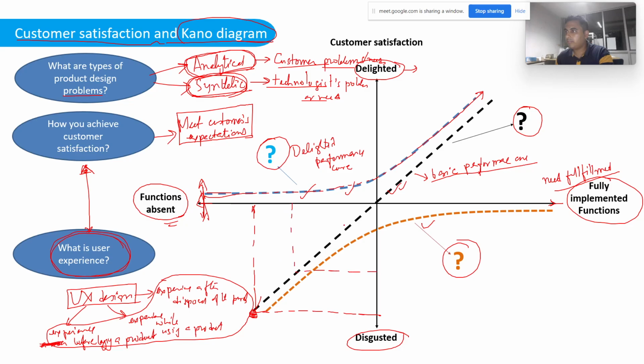As you increase the product features and functions, the customer satisfaction increases. And when there are maximum product features and fully implemented functions, then the customer will have a delighted experience. So this is what is represented by this black curve. But there are certain product categories which actually represent the blue line.